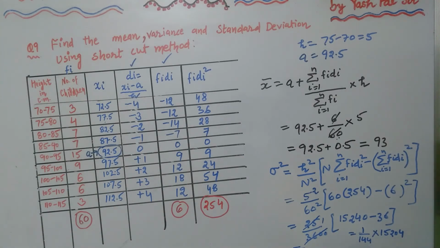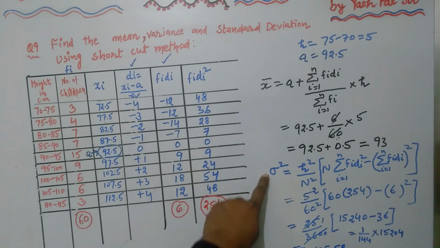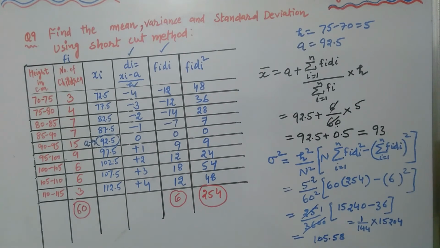Now finally the answer, on dividing 15,200 by 144, we get 105.58. Variance is equal to 105.58. Right? Now the last one is standard deviation.